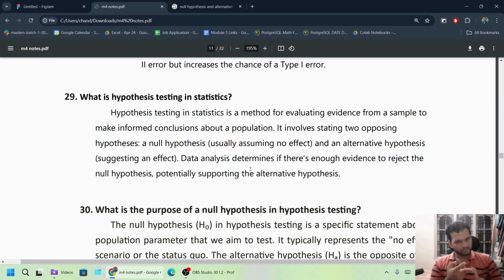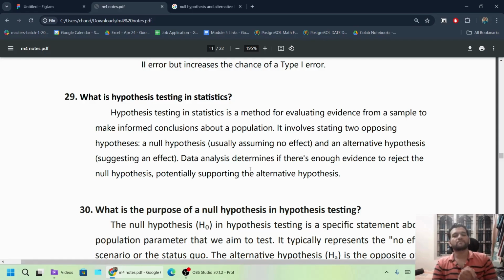In the null hypothesis, we usually assume there is no effect happening. In the alternative hypothesis, we are suggesting there will be some effect. It is used in data analysis to determine whether there is enough evidence to reject the null hypothesis, potentially supporting the alternative hypothesis, or not.